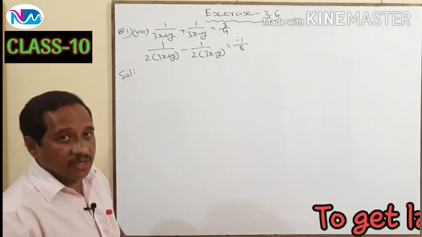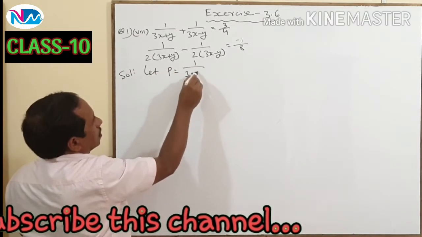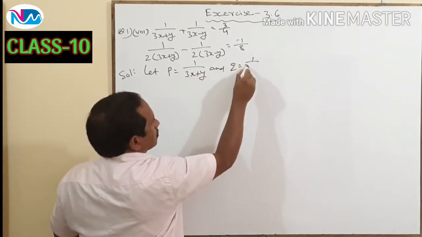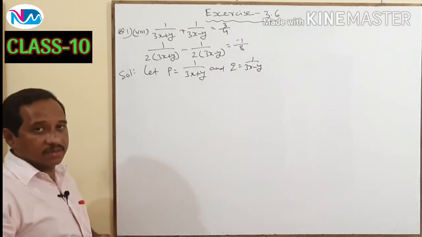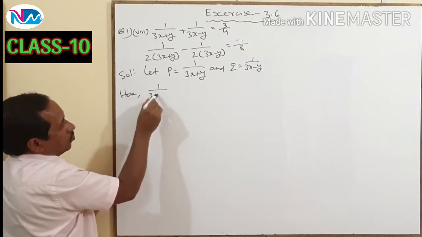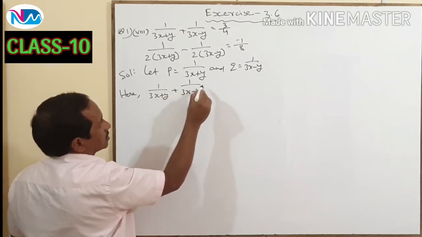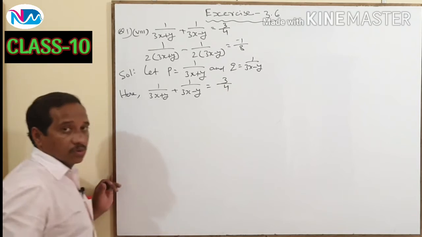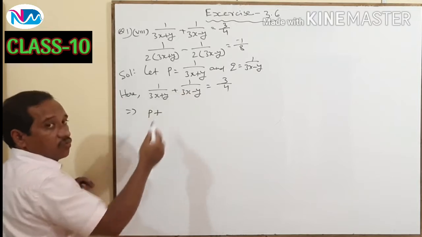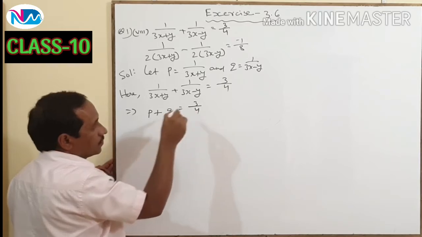For that, we will use the substitution, that is, let p is equal to 1 by (3x plus y) and q is equal to 1 by (3x minus y). As a result, the first equation, 1 by (3x plus y) plus 1 by (3x minus y) is equal to 3 by 4, will become p plus q is equal to 3 by 4.